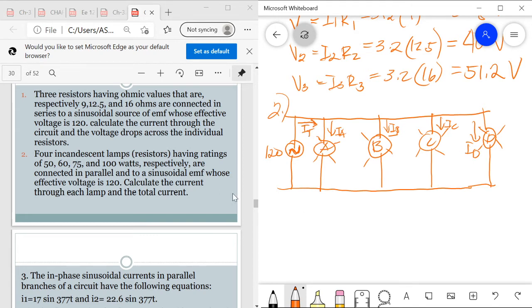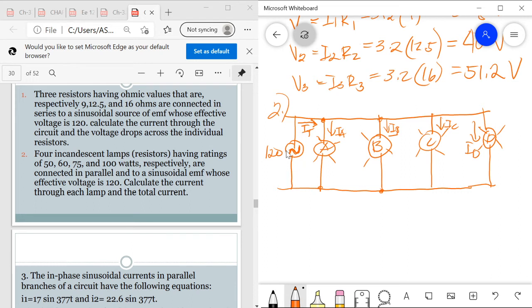So may mga wattages yung mga lamps natin. For A is 50 watts, B 60 watts, C 75 watts, and D is 100 watts. We can solve IA, IB, IC, and ID. Remember, the voltage across any parallel is equal to the voltage source.